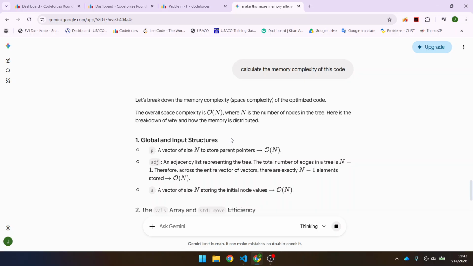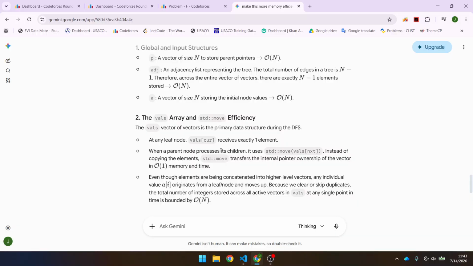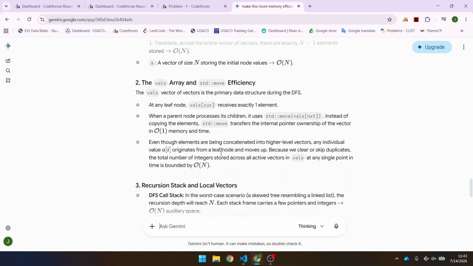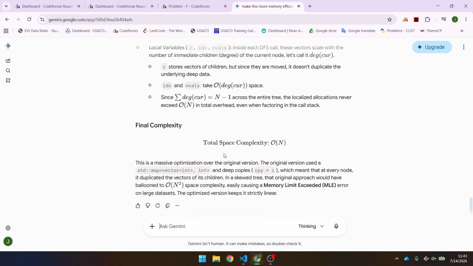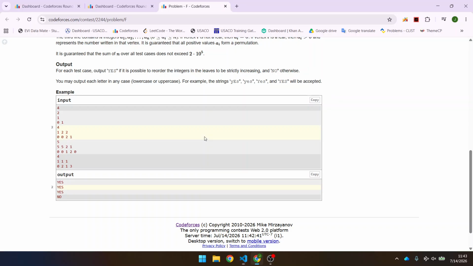O(M). Exactly one element, move. So, okay, O(M) space complexity. Just using move and then we can get O(N) complexity. Okay, that's nice.